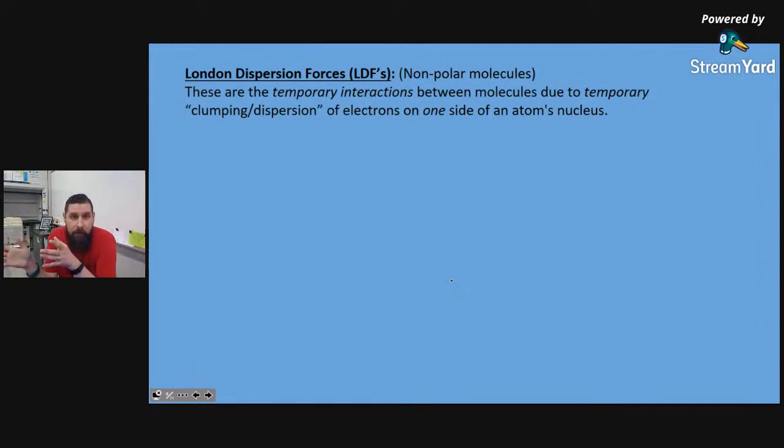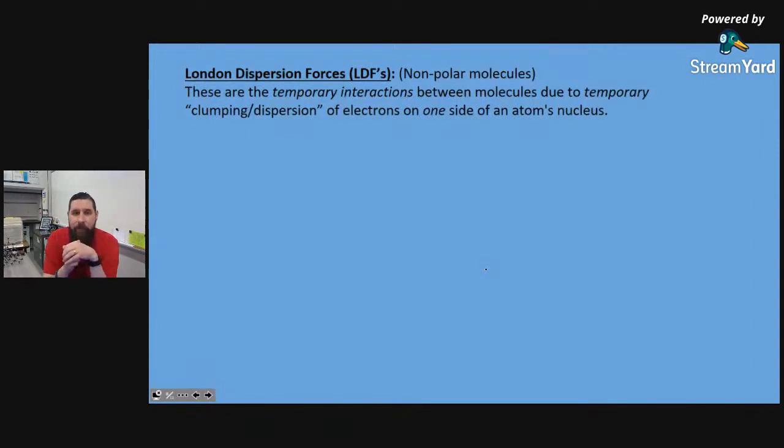Okay? But the reason why they exist is because as those electrons within a molecule are moving around, free to move, just by happenstance, at some point, all the electrons kind of crowd to one side. And it produces, again, a temporary clumping or dispersion of electrons.